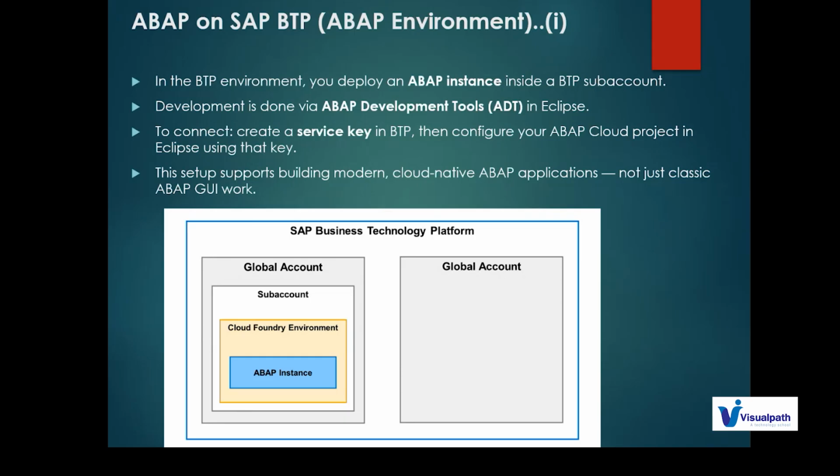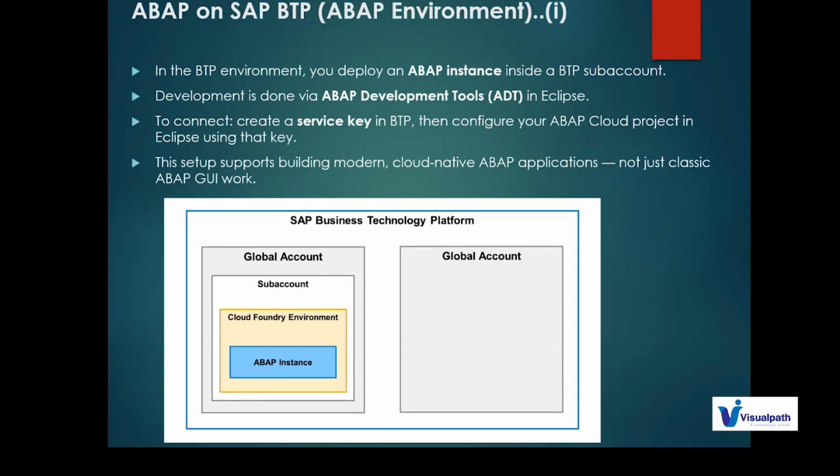We need to connect through a service key. I'll be telling you how to connect your SAP BTP system and your SAP ABAP system, and how to configure an ABAP Cloud project in Eclipse. We will cover all that in this course. This setup supports building modern cloud-native applications. It's not just the SAP classical GUI framework. No, that's no more. You will find cloud-native ABAP applications directly.